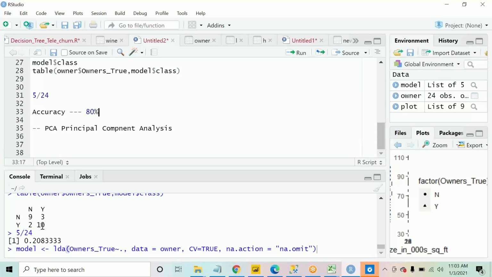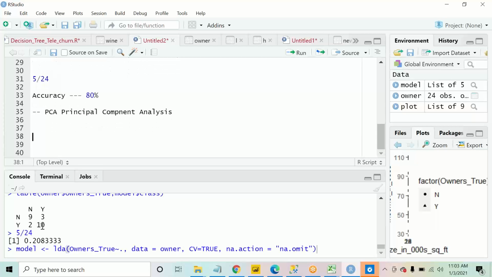Jackknifed approach means where all of the rows are used for the prediction of the first row. Now, there is another way of creating the model. There is one more way of assessing the LDA technique. In this way, we will not use the cross validation technique.